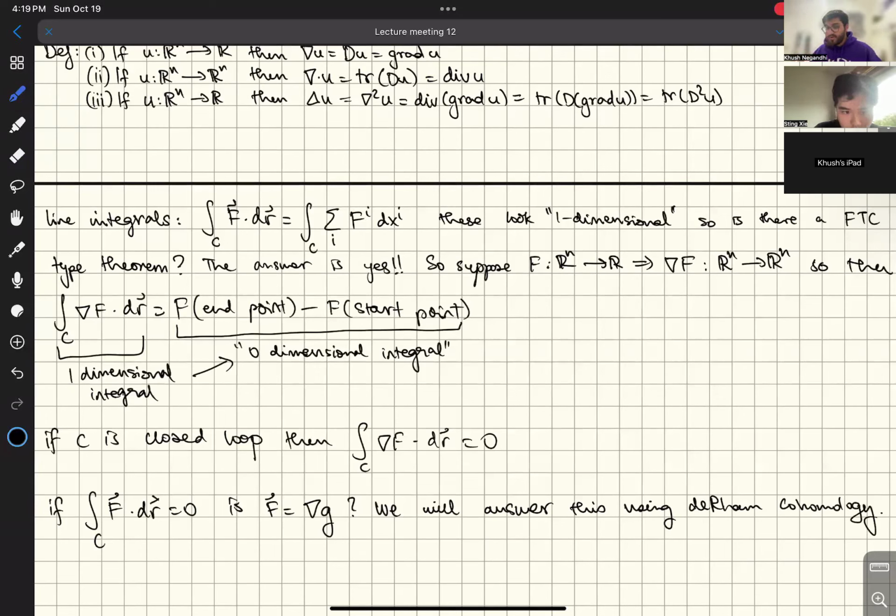Don't worry too much about what cohomology means for now. All you need to know is that there's this mysterious thing called the cohomology of a space that we will use to answer questions like this.